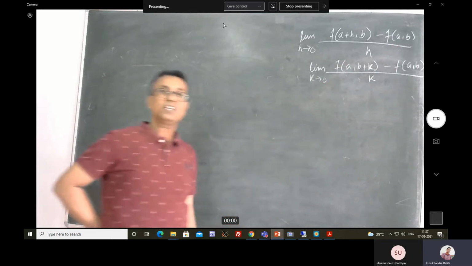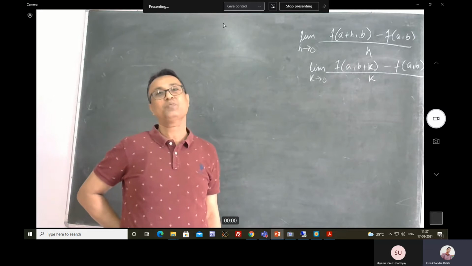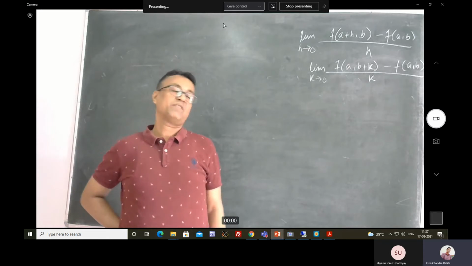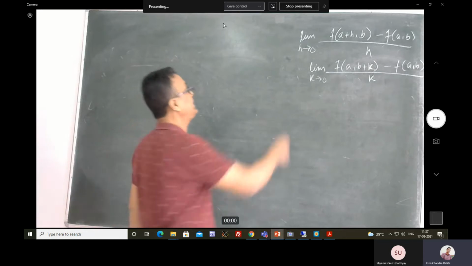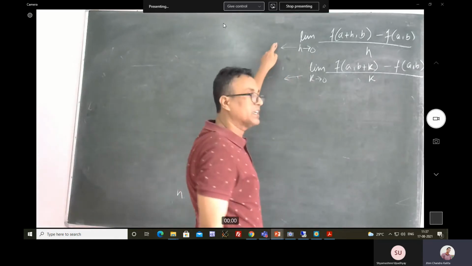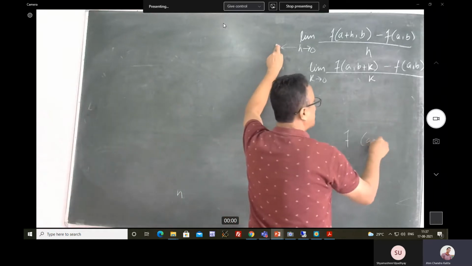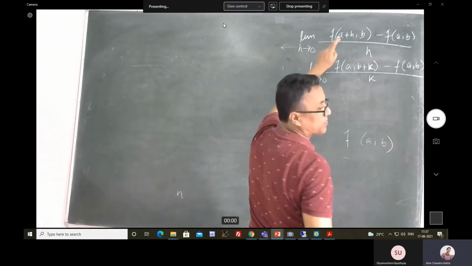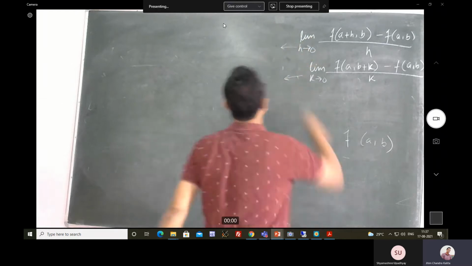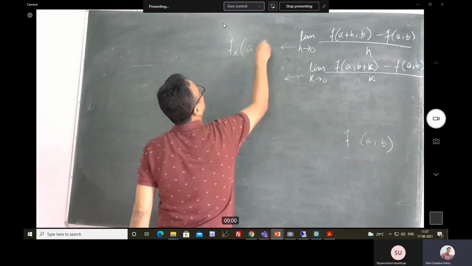So although it is a kind of ordinary derivative, because we have kept one direction constant but we are considering a function of two variables, this is called the partial derivative of the function f at the point (a, b) with respect to x. And that is denoted by fx(a, b).